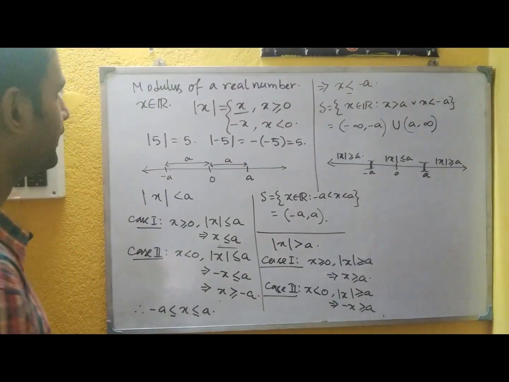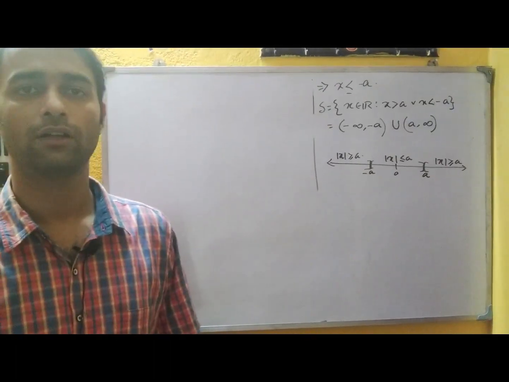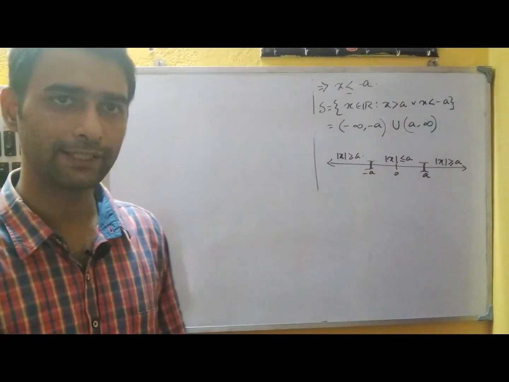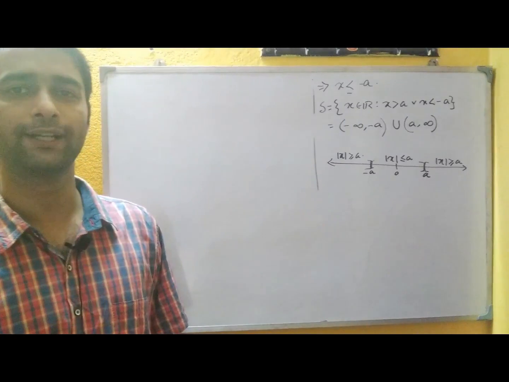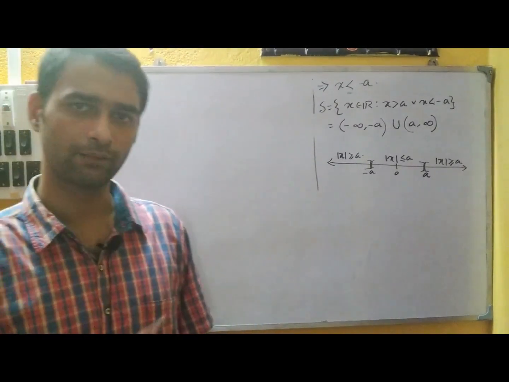So let us do an example with this. Always remember to see what is the replacement set in your problem, because depending on that the solutions will change, and you have to mention in each case the replacement set very well.